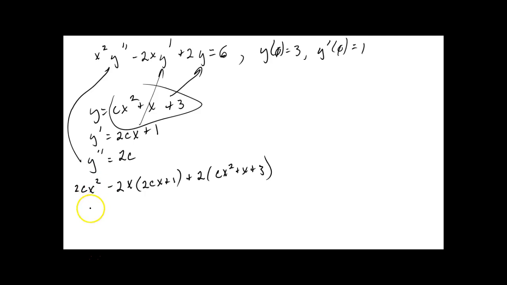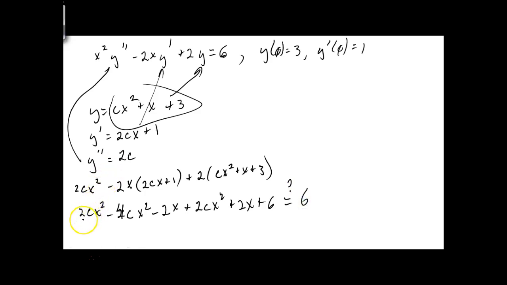Let's see what that gives us. 2cx squared minus 4cx squared minus 2x plus 2cx squared plus 2x plus 6. Is that equal to 6?